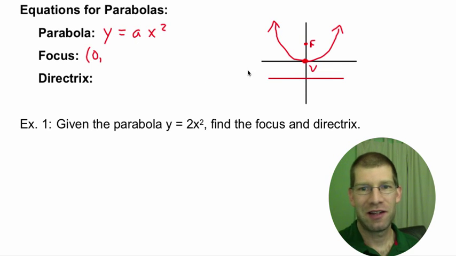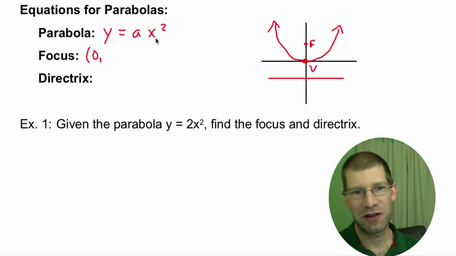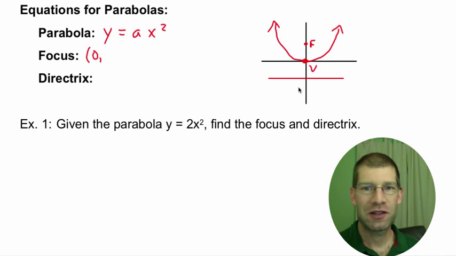That's what I'm trying to say: if we have a parabola like this, the equation will be y equals ax squared, centered at the origin. Now the focus is always going to be on the y-axis, so I could put in a 0 for x, and the y value is going to be 1 over 4a. So you take that letter a, whatever number is before the x squared, pop it in there, and you get your focus.